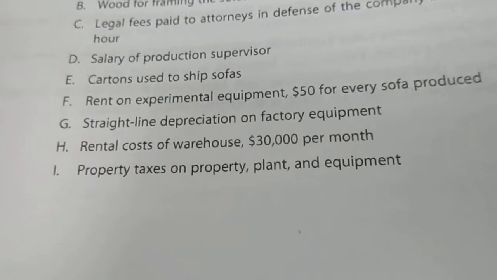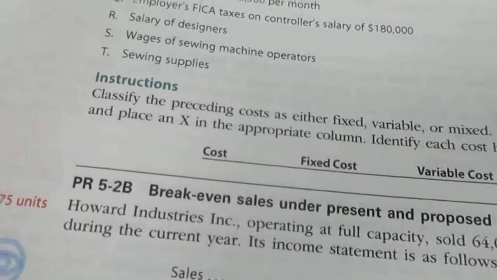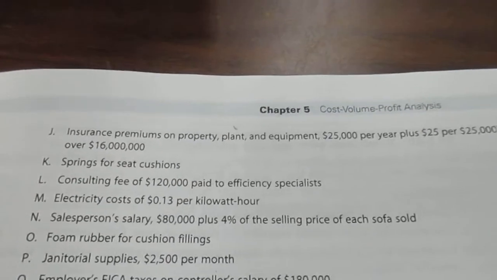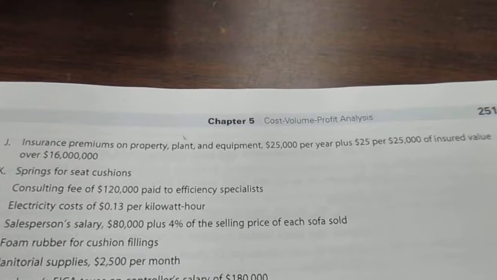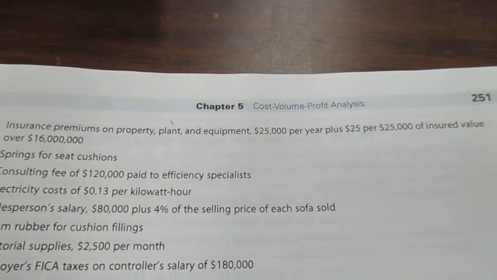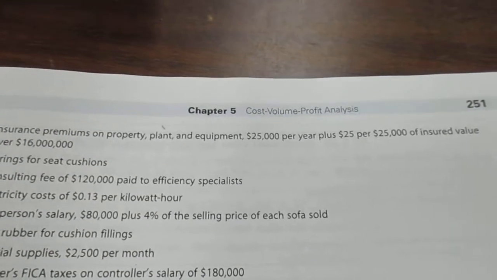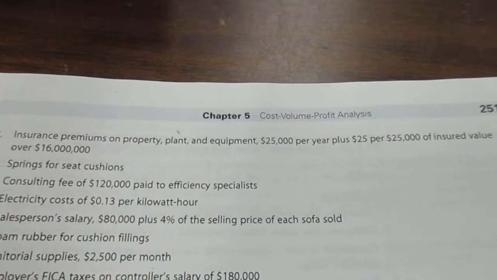I, property taxes on property, plant, and equipment. Again, they don't tend to change unless taxes go up and down, and then you can predict that. So that's going to be a fixed cost. Letter J, insurance premiums on property, plant, and equipment, $25,000 per year plus $25 per $25,000 of insured value over $16 million.